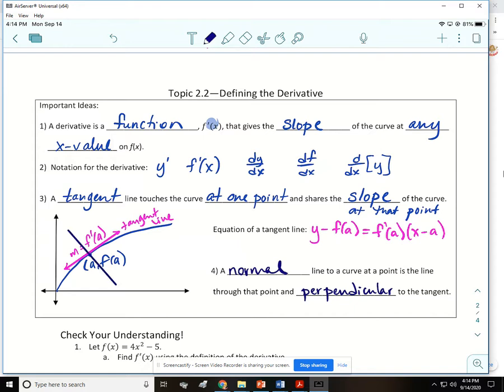So that's pretty close to being perpendicular. Alright, and then for the normal line, because they're perpendicular, the slope is going to be the opposite reciprocal of the tangent line.